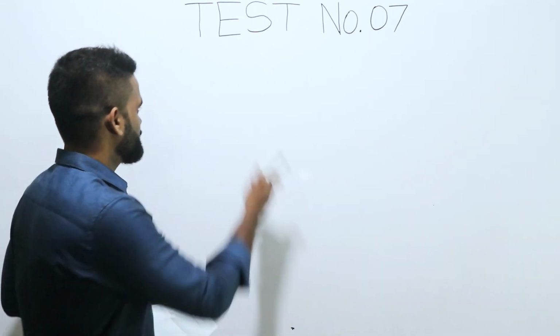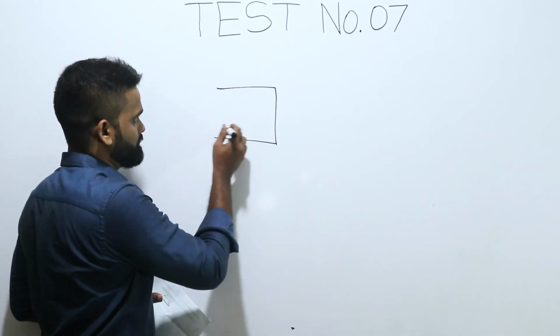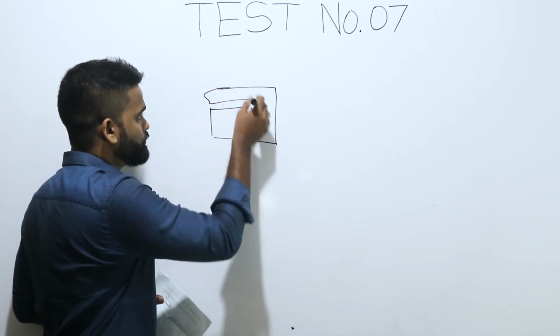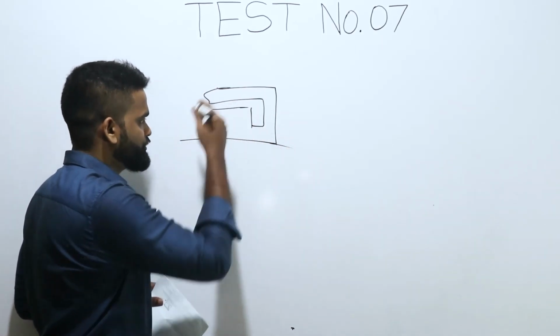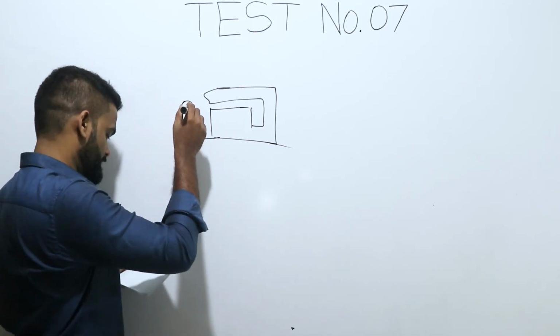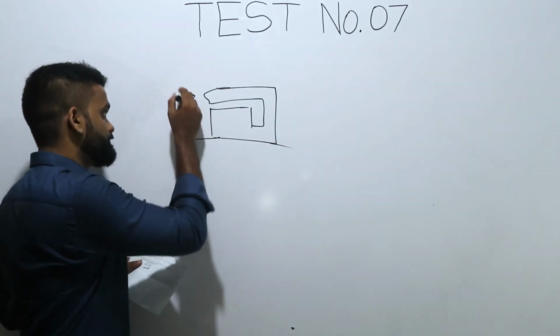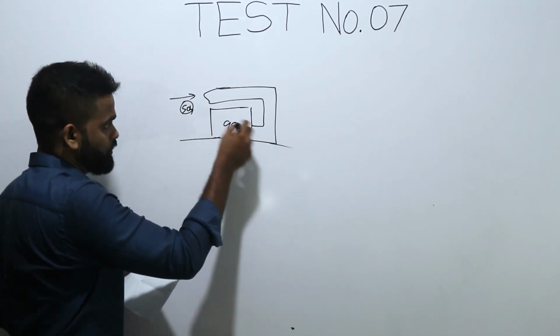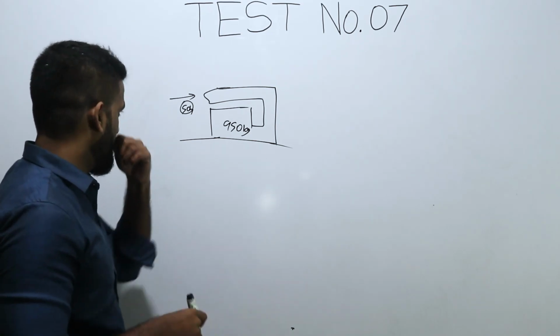Not a tunnel, let's say a wooden block or something, on a smooth surface, so there's no friction acting on this. There's this 50 gram mass, and the mass of this block is 950.